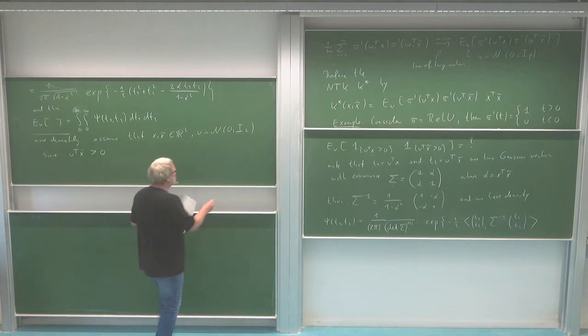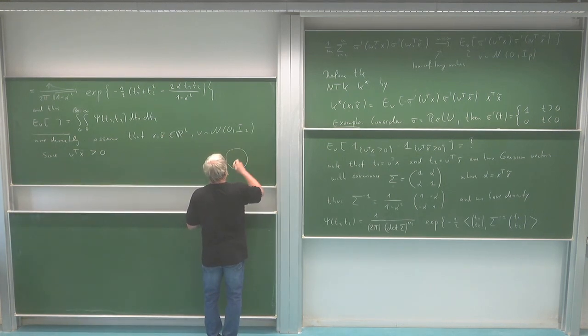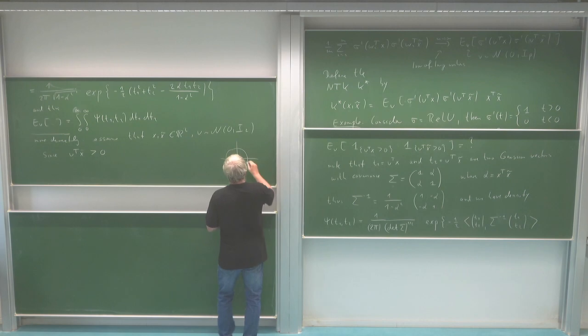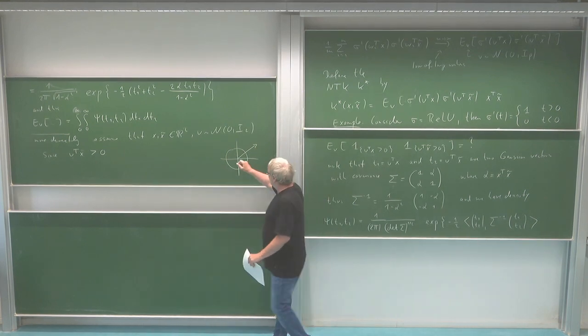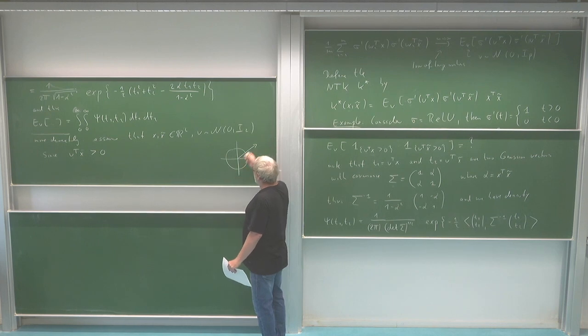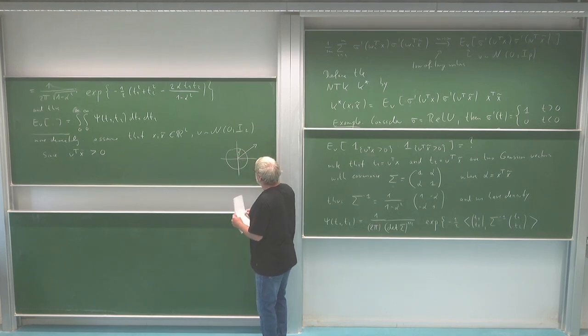I'm here in 2 dimensions, and I have my random vector v, which points in one direction, but for checking the inner product with a given vector x, since my vector x has norm 1, I can also normalize this to equal 1.